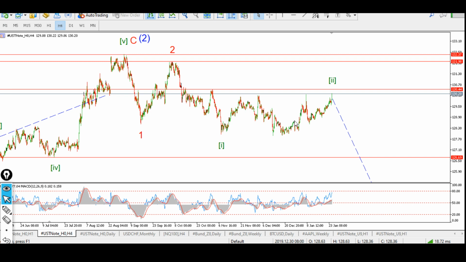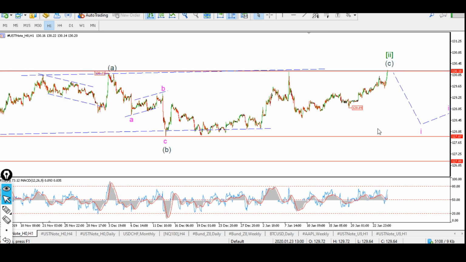So we'll just have to track this topping pattern again in wave C of 2, and then work down into wave 3 again next week sometime. The kind of interplay between the stock market and the bond market is continuing today, obviously, with some selling in stocks.